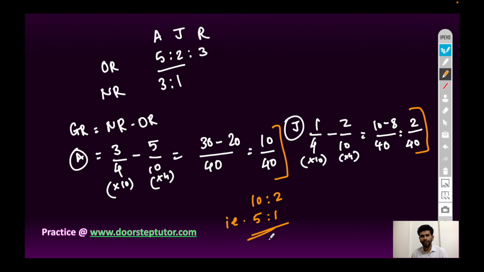Gain ratio is 5 is to 1. Old ratio is 5 is to 2 is to 3. New ratio is 3 is to 1. And gain ratio is 5 is to 1. So goodwill will be distributed among remaining partners in the ratio 5 is to 1.